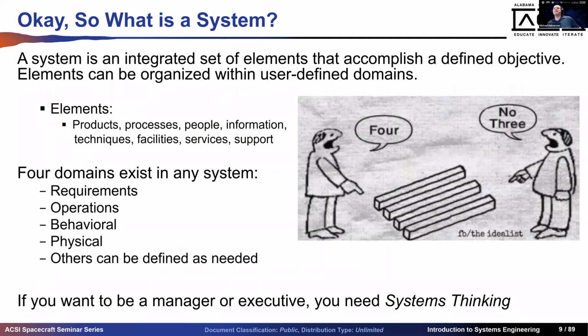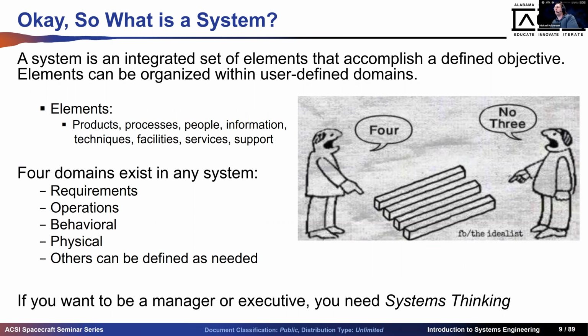So when we talk about a system, in system engineering, we need to understand what a system is, and that system has elements: products, processes, people, information, techniques, facilities, services, support. Yay. Those are just ways that you can define it. There's many ways to do it, but you need to understand what elements do and do not exist in your system, and then associate those elements with domains. So what are the requirements for my processes?